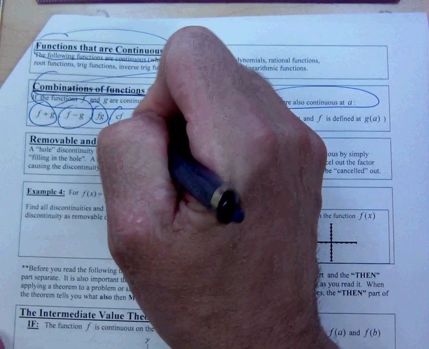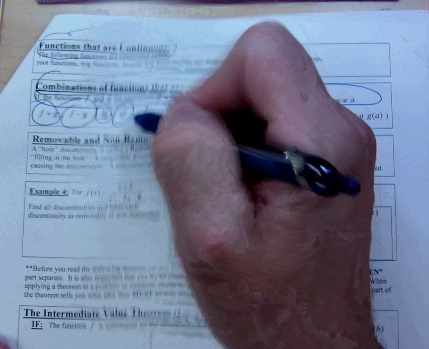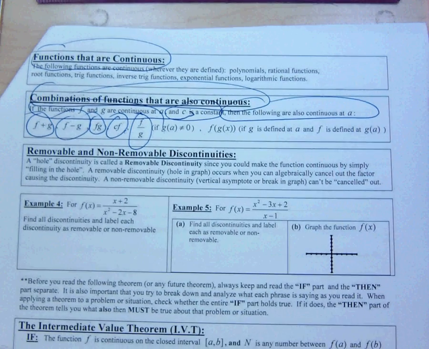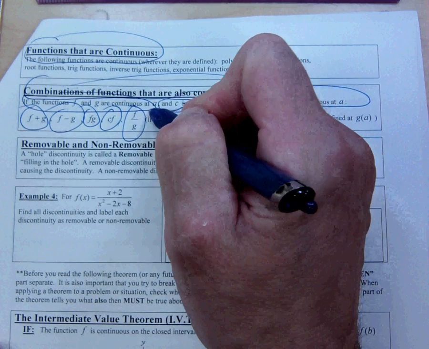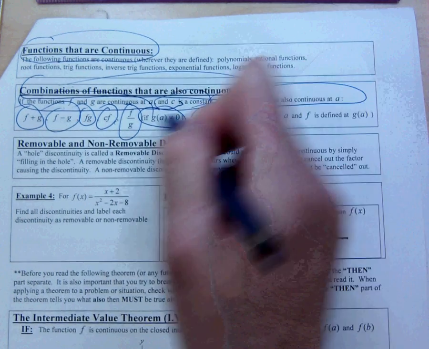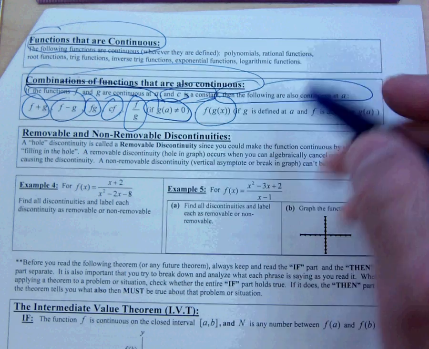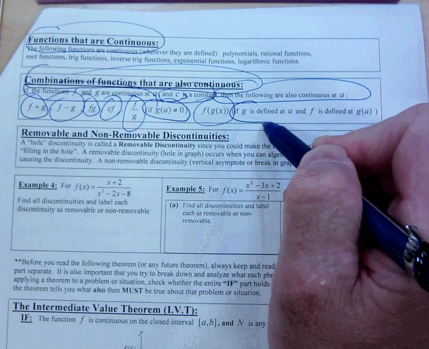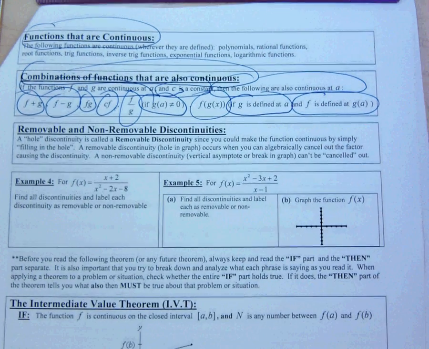If you multiply a continuous function by a constant c, you get another continuous function. If you divide two continuous functions, you get another continuous function as long as the denominator is not 0. If you take a composition of functions, f of g of x, you get another continuous function as long as g, first of all, is defined at a, and then after that, f is defined at g of a, okay?